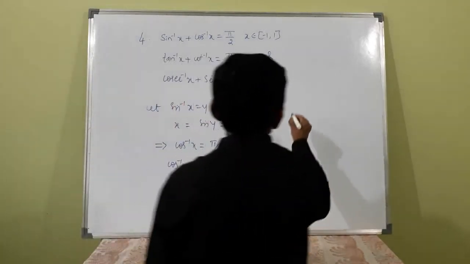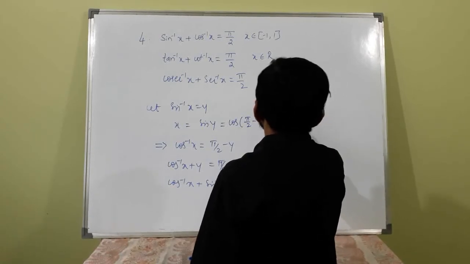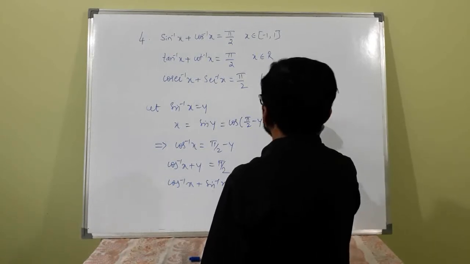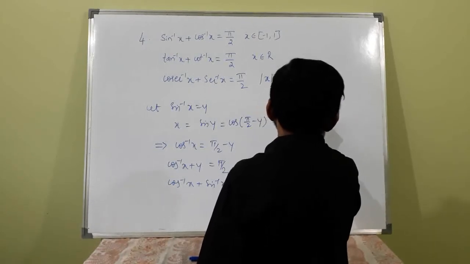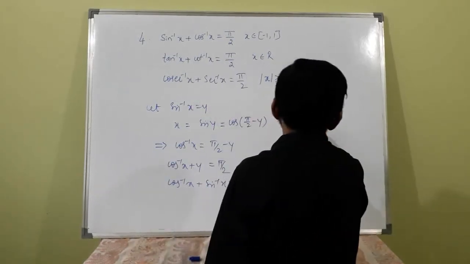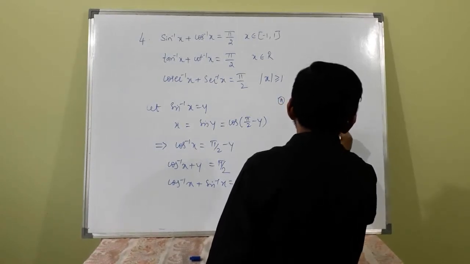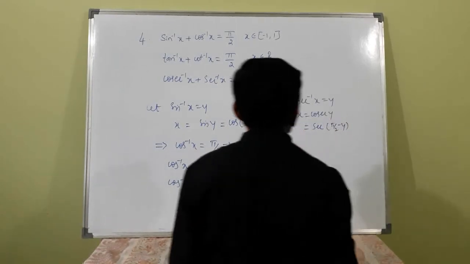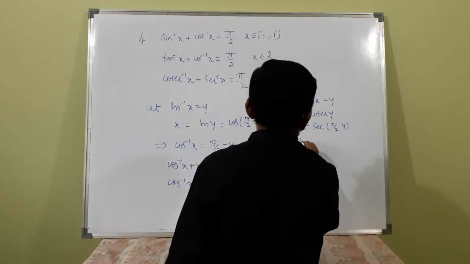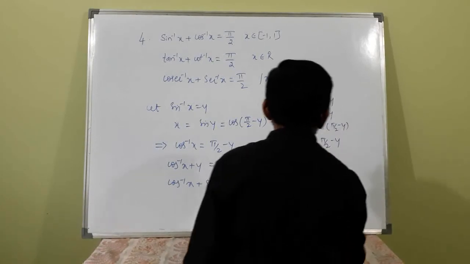Similarly, if you take cosecant inverse x equal to y, then x is equal to cosecant y. So this is secant of (π/2 minus y), or secant inverse x is equal to π/2 minus y.